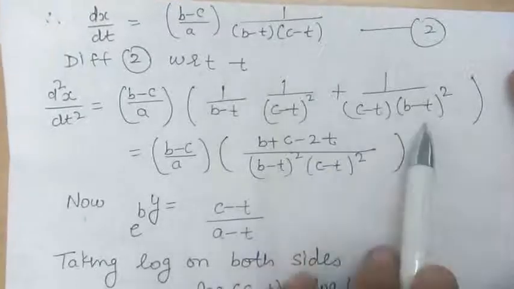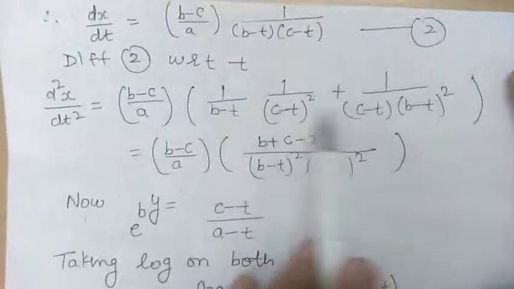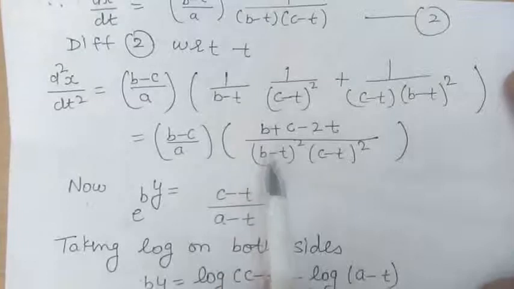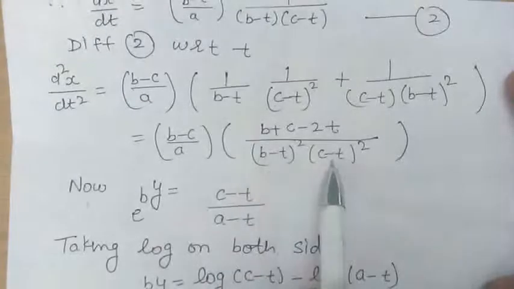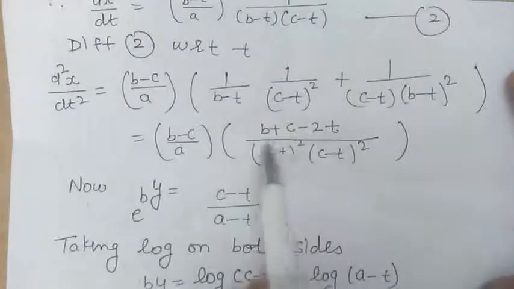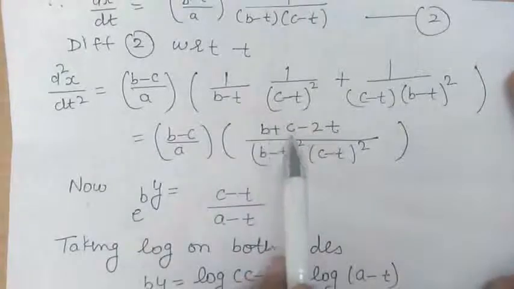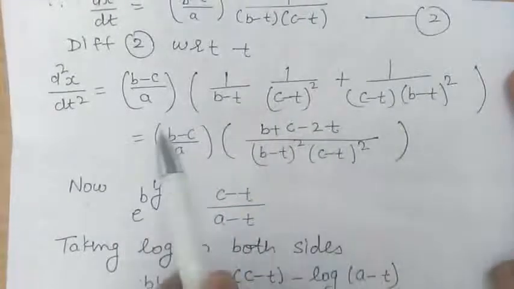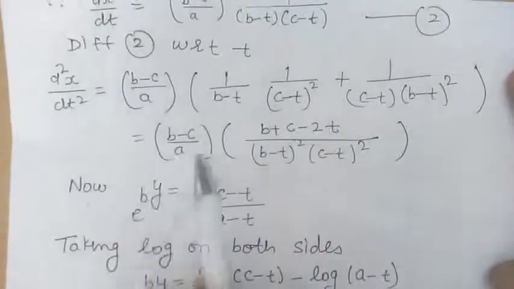So we get this quantity. Now taking the LCM inside the brackets, we get (b − t) whole square into (c − t) whole square as LCM, and the numerator we have obtained is b + c − 2t. So we have obtained the value of d²x/dt².